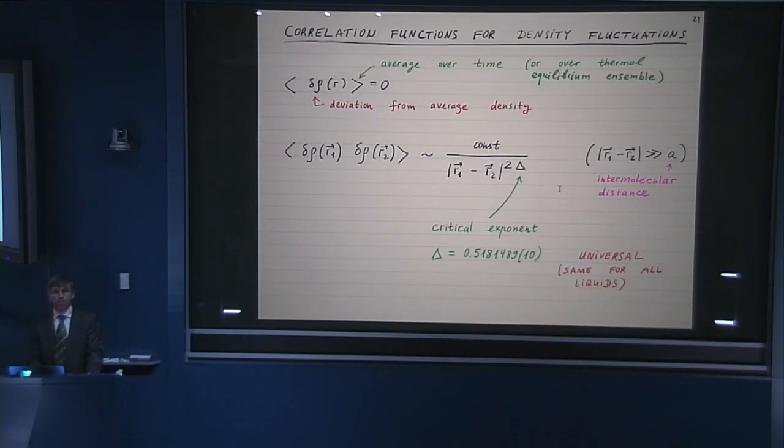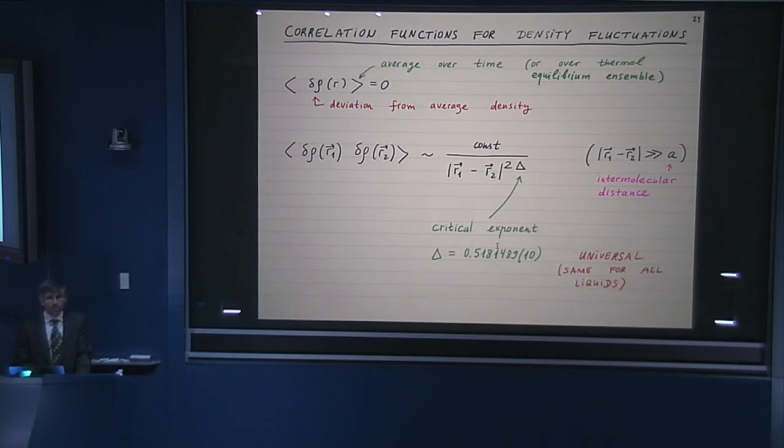This formula has to be true as long as you go to distances r1 minus r2 larger than the interatomic distance of your material. And this parameter delta, which I just introduced, is an extremely interesting parameter. It's called the critical exponent. We don't know its exact value most of the time, but we can make experiments.